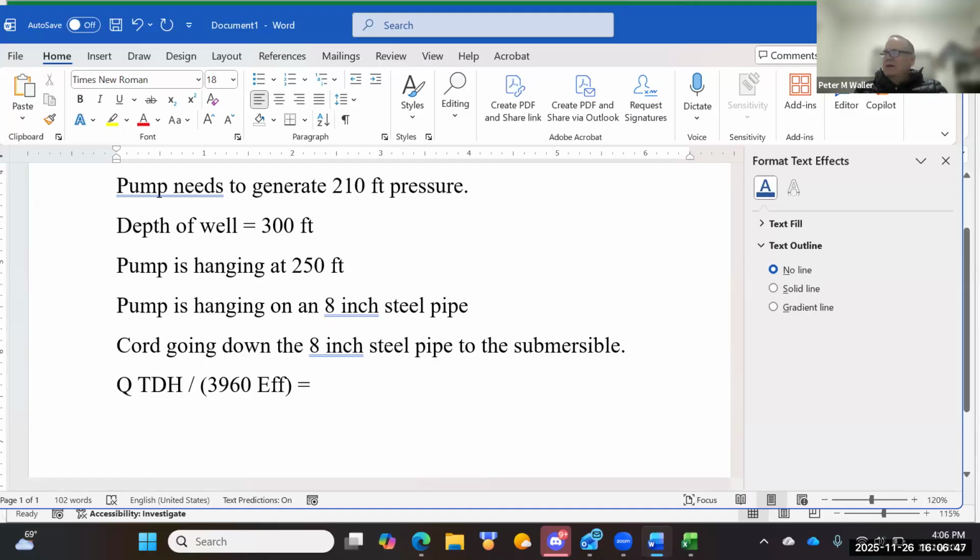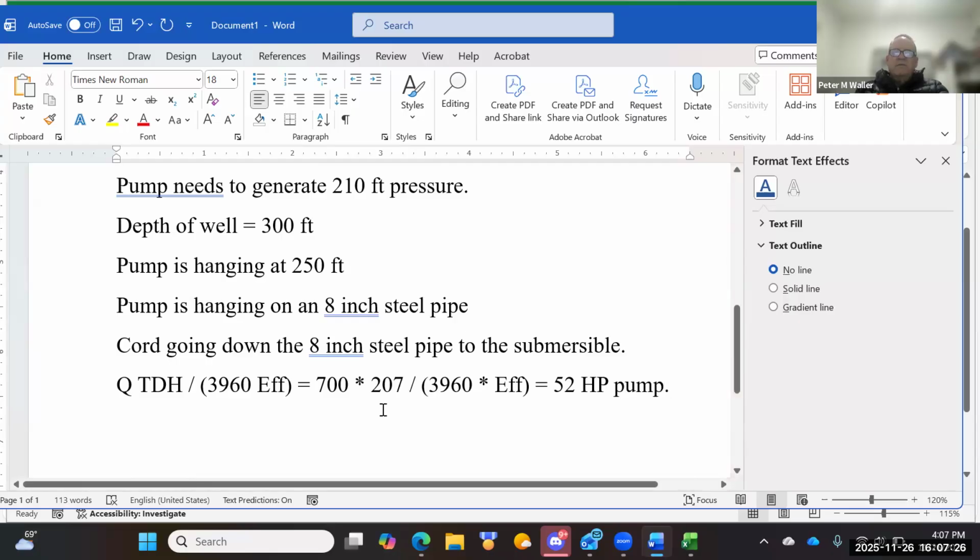Okay, so we have 700 times 207 divided by 3960 times efficiency. And that gives me a 52 horsepower pump in the well.